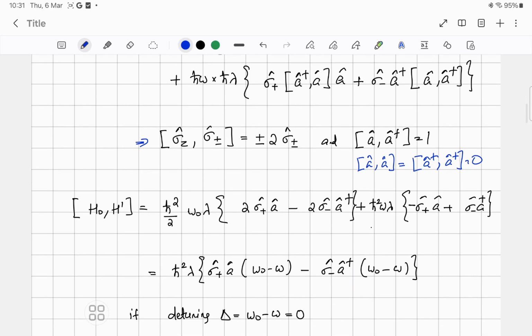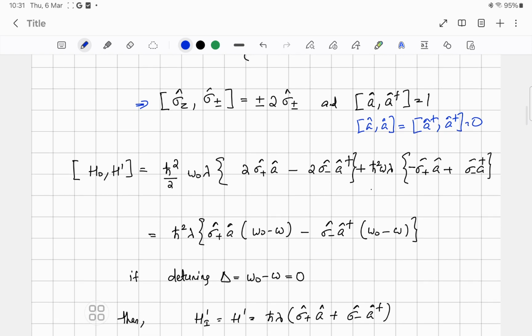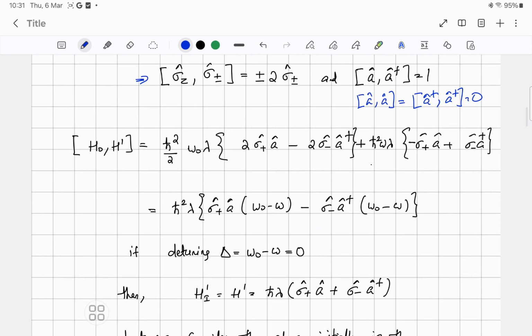I am not going to dictate all these steps here. Just pause the video and do all the steps involved in this commutator yourself.